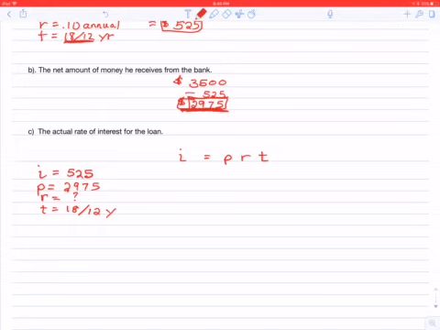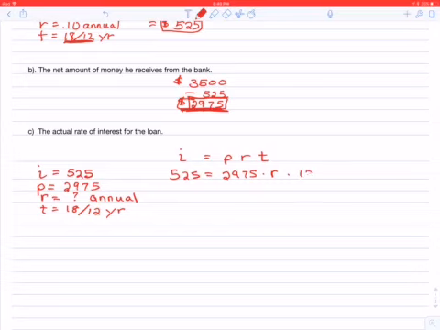I want that time to be annual, so when I get our rate, it'll be in the default format. It'll be an annual rate. So plugging it in, 525 equals the principal times the rate. I don't know that. That's what I want to find. I'll leave that as a variable.